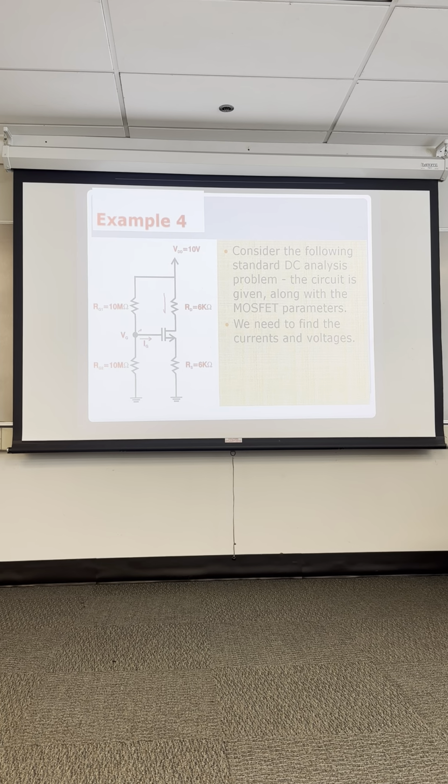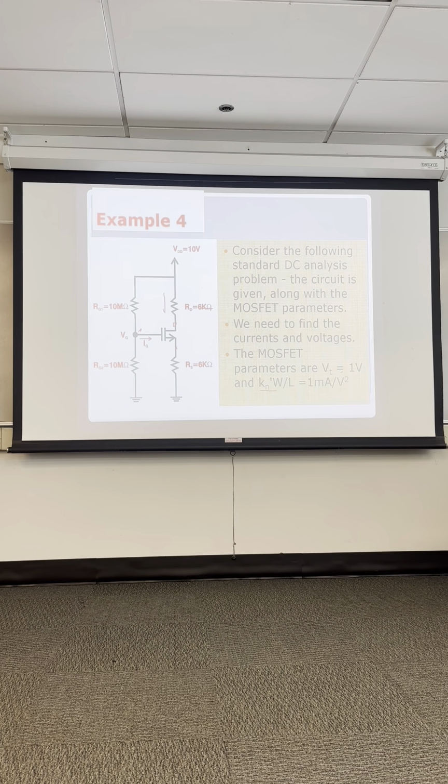What's the gate voltage? What's the drain voltage? And what is the threshold of 1 volt, and the coefficient K_n prime W over L is 1 milliamp per volt squared.